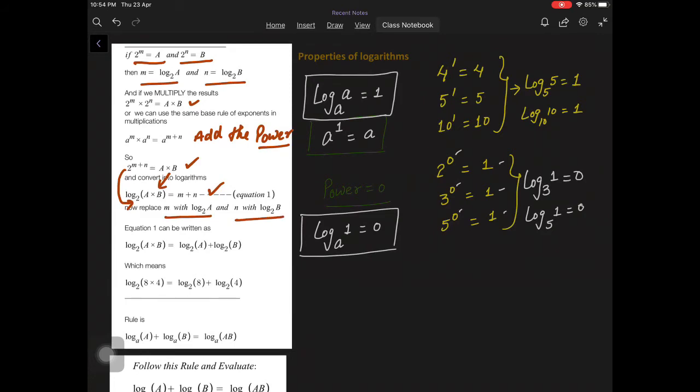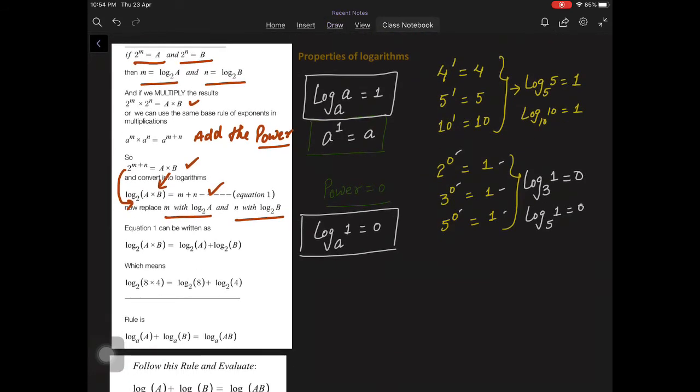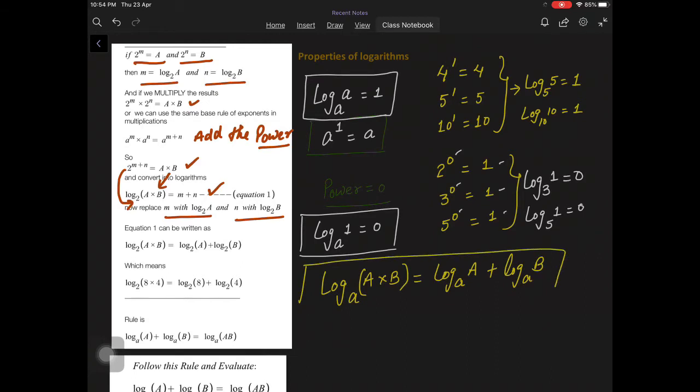So this, if I say equation 1, can be written as log base 2 of a times b equals log base 2 of a plus log base 2 of b. So remember, it's times, so we put plus. I'm rewriting it: log base a of a times b. If you are multiplying two numbers in a logarithm with any base, we can separate them with plus. And this rule can be used in both ways. Either you convert from plus to times or from times to plus.